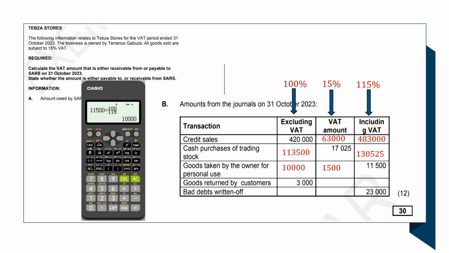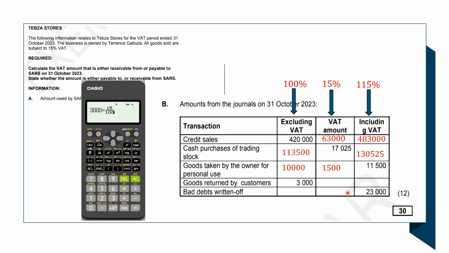Now we need to calculate goods returned by customers. So what do we have? We have excluding VAT, which is our 100%. What do we want? We want the VAT amount here. So we're going to say 3,000 times what we want, 15 over 100.